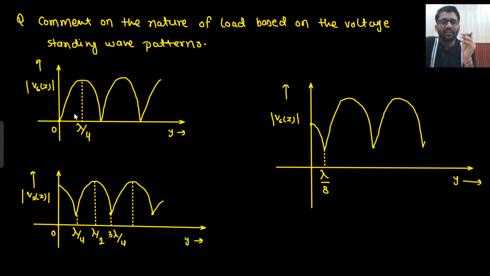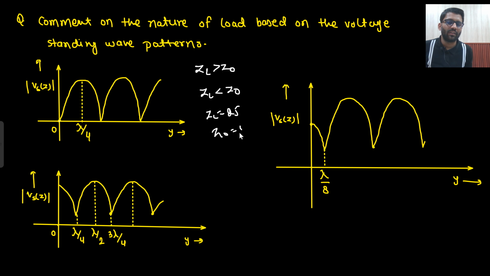There are 3 chances. Now if I talk about resistive load, if I talk about some ZL greater than Z0 or ZL less than Z0, if I say this is some resistive load, like just some finite value is there, non-zero value is there, that means ZL is some 25 and Z0 is 50, then what will be my mode of gamma L? That would be ZL minus Z0 upon ZL plus Z0. So that would be coming out to be 1 by 3.